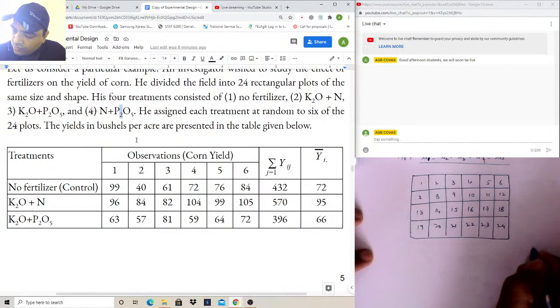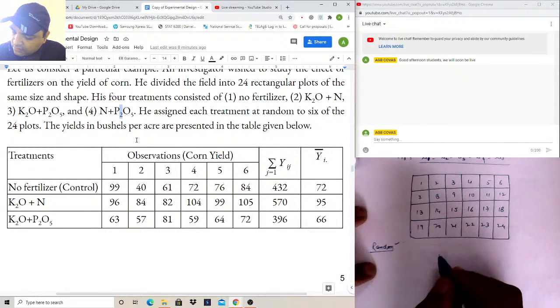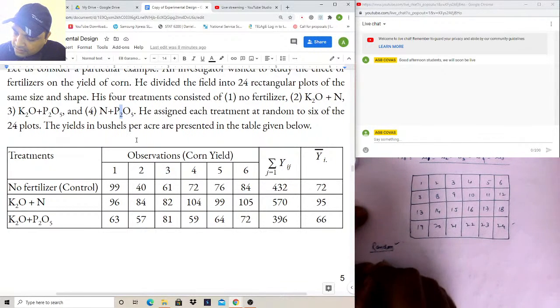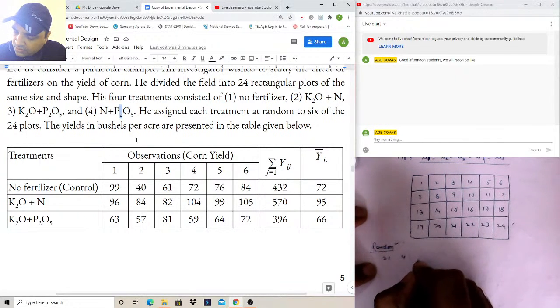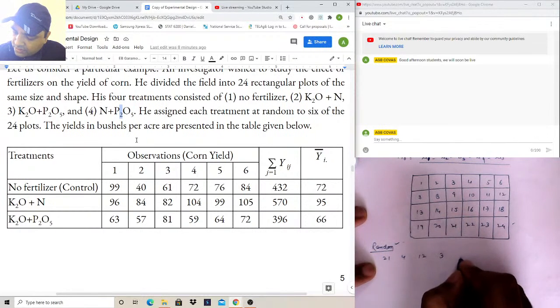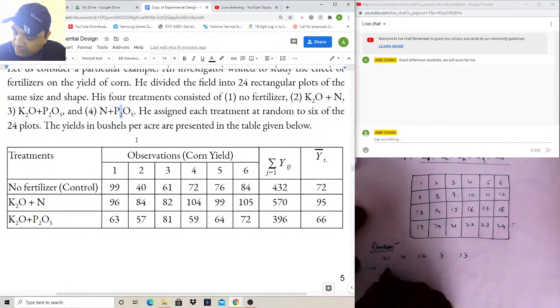Now he will assign random numbers. From the table he will find that the random numbers coming are like this. Say for example, the first one is 21, then comes 4, then 12, then 3, then say 13, like this. So for the first 6 he will randomize these 4 treatments.